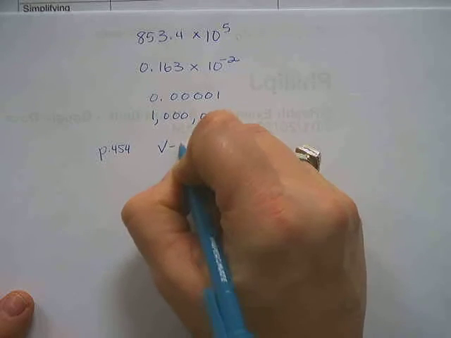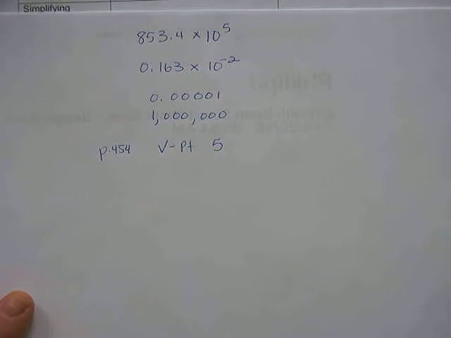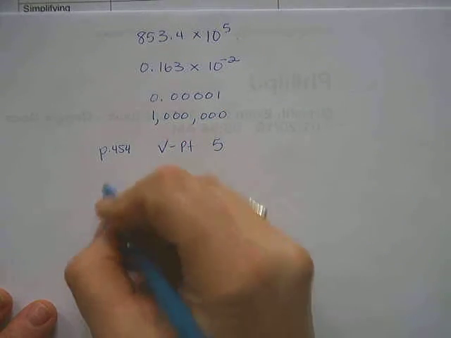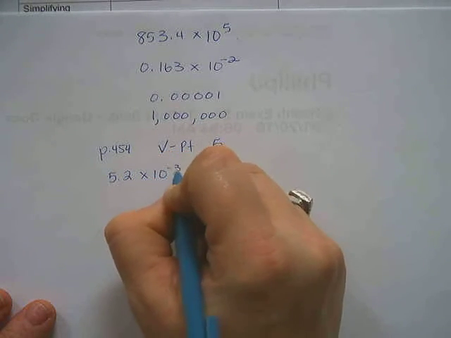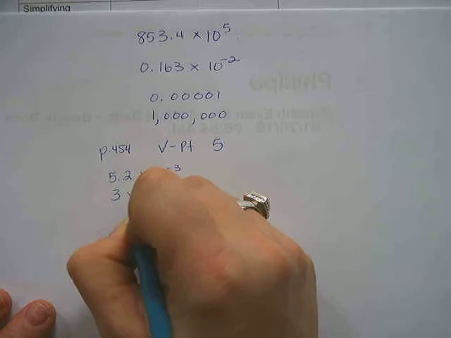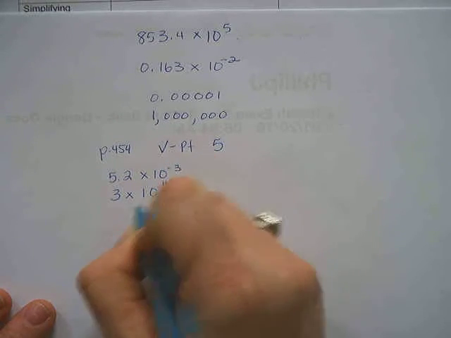And lastly, to finish up, if you have your textbook, on page 454, you're going to do checkpoint 5. If you don't have your book, it looks like this.